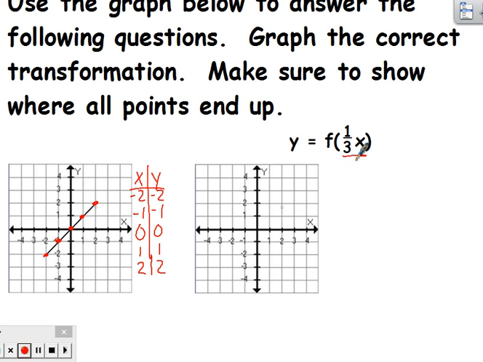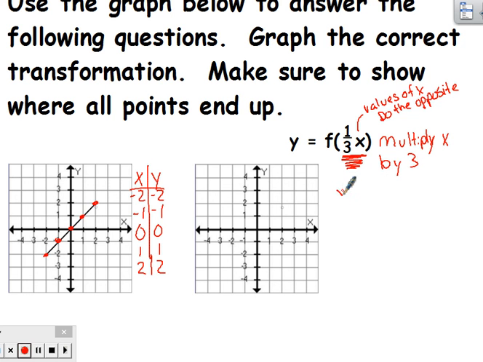On the transformation, I am doing something to the values of x. And so I know this means that I have to do the opposite. And the opposite means that I have to multiply x by 3 instead of using 1/3, which is dividing x by 3.